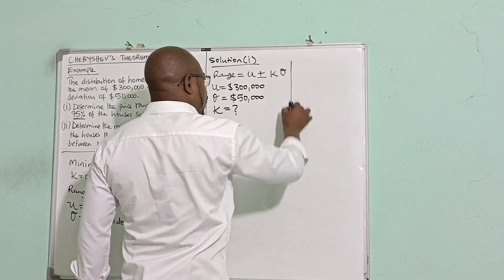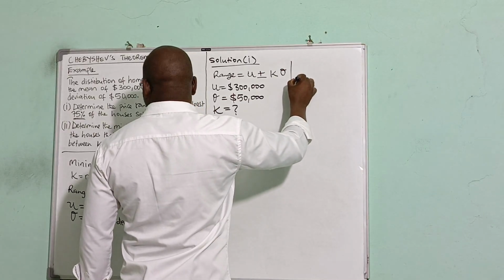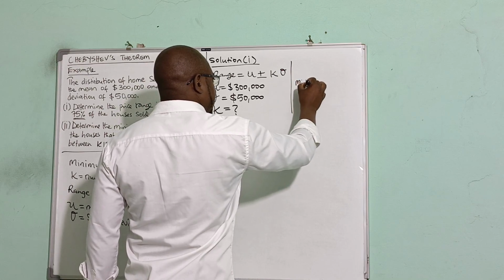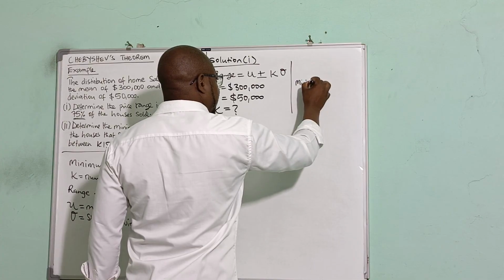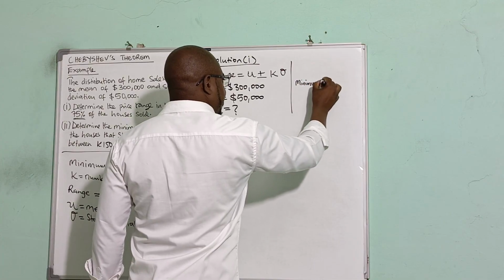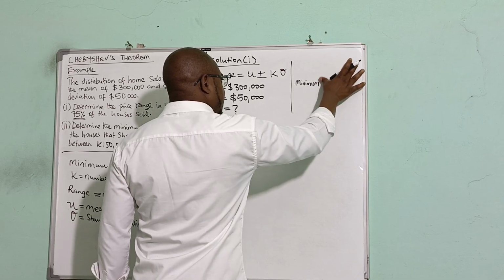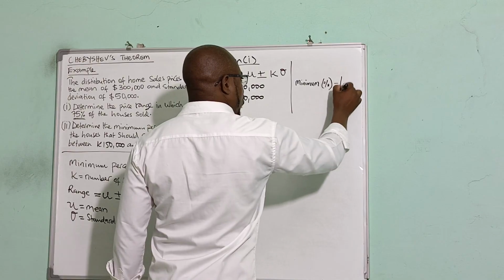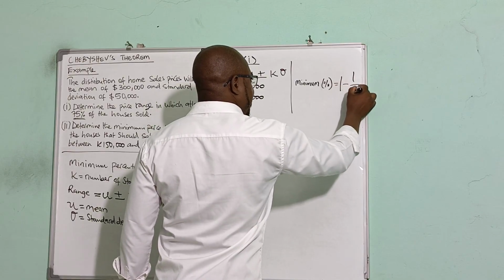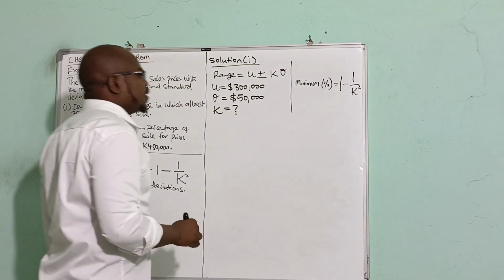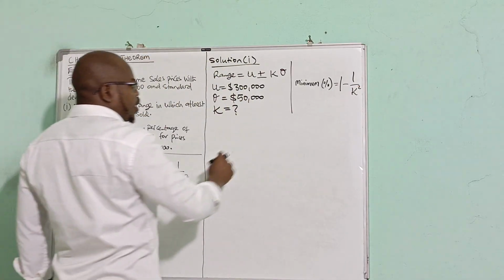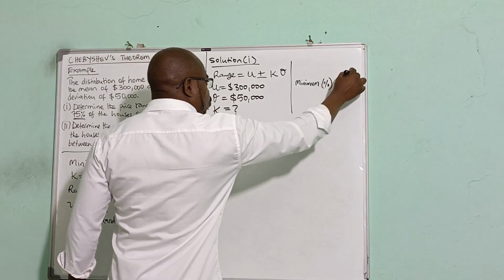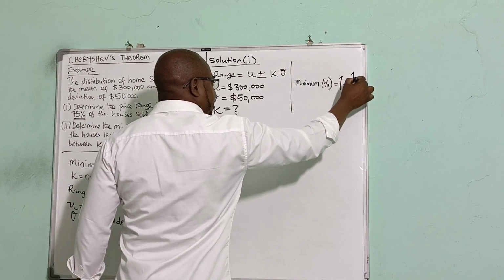The minimum percentage is given by 1 minus 1 over k squared.